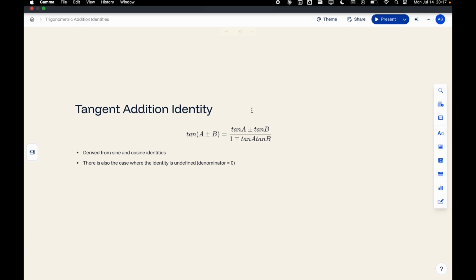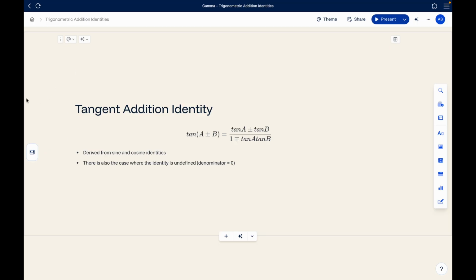And here is the third and final addition identity, which is the tangent addition identity. This can be derived from both the sine and the cosine identities, and there is also a case where the identity is undefined, where the denominator is equal to 0. That would pretty much be where, if we have tan A tan B, both of these would have to be 45 degrees, and then this would have to be a minus, so it would be tan of A plus B, which would be tan 90 degrees, and that would be undefined.